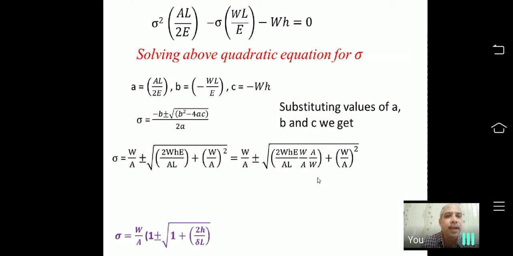So what we have made is we have multiplied by W by A and A by W, so that will not change your equation. So the first term you can see in the root, we have 2WHE upon AL, we have multiplied it by WA and again multiplied by A by W. Now we have taken W by A common from this.